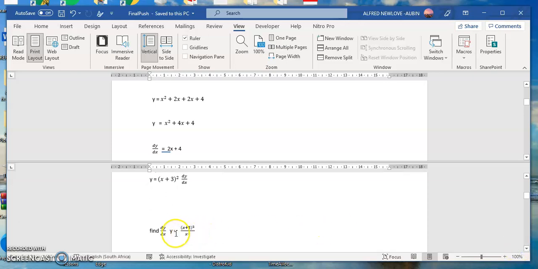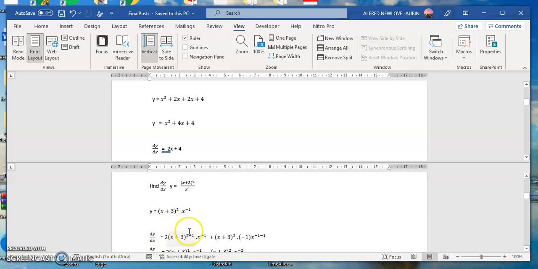If I have this, and I'm told to find dy/dx, what am I supposed to do? You see that this one is also another thing that I'm going to show you. This x is to the power 1. Now, remember I can rewrite this one this way. Then, the first method I taught you, you see that this is going to multiply that one.